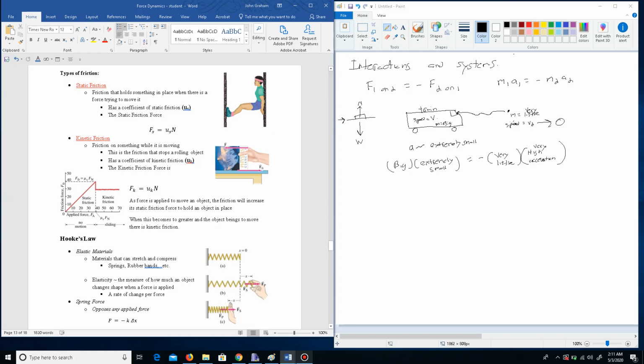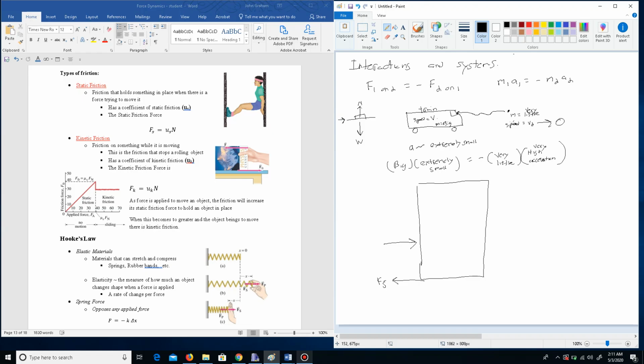So if we look at this and we start applying a force, and as we apply a force, friction applies a bigger force. So let's say we are moving that big cherry dresser, and we're trying to push on it. There's going to be friction pushing back. It's going to be static friction. So we try a little force, we apply a little bit, friction applies a little bit back. Apply a little bit more, friction applies a little bit more back.